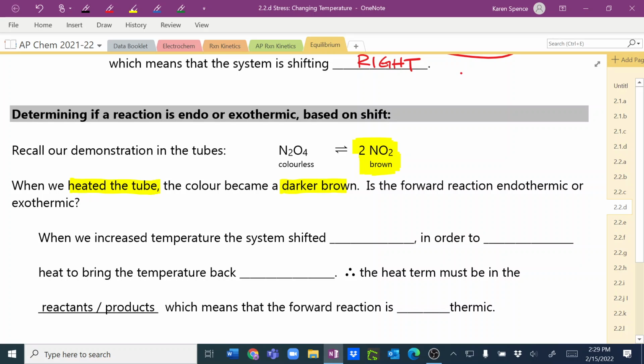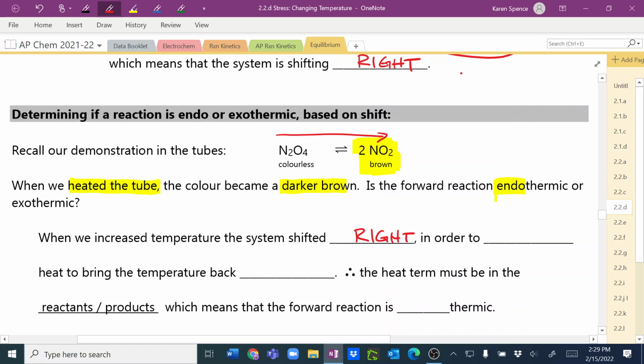So what do we think? Is the forward reaction endo or exothermic? It is endothermic, yes. Because when we increased the temperature, the system did shift to the right. Yes, it shifted that way.